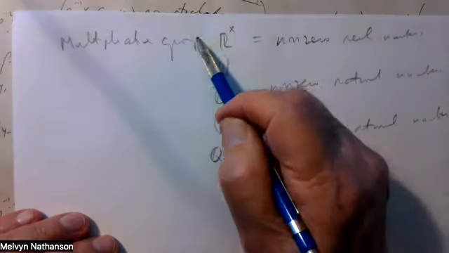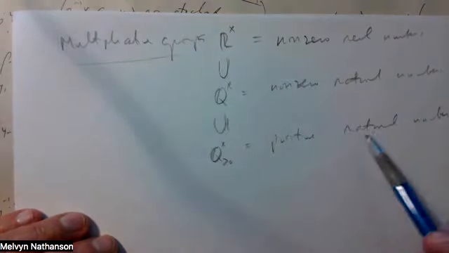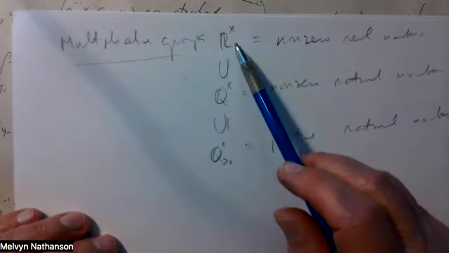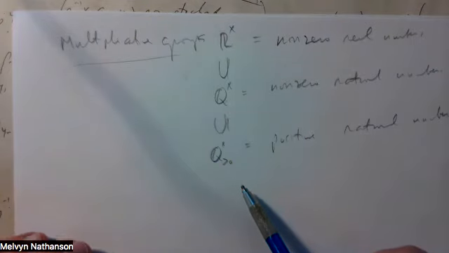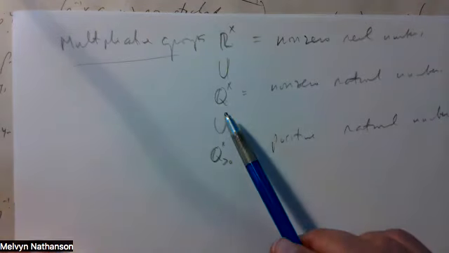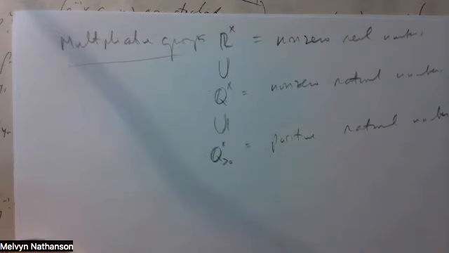So these are all, in fact, multiplicative groups. There are 3 of them. This is contained in this, and this is contained in this. So if you have a group contained in a bigger group, then the smaller group is called a subgroup of the bigger group.